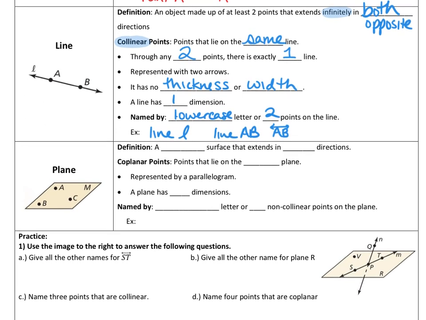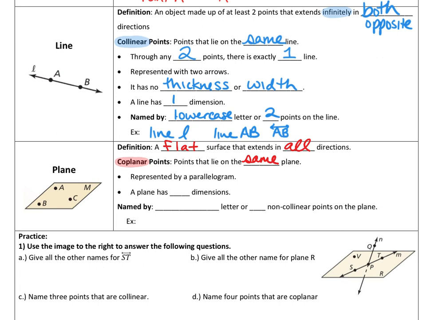The third object is a plane, or the third vocabulary word on this side of the page is a plane. A plane is a flat surface that extends in all directions. Coplanar points, kind of like collinear, are points that lie on the same plane.